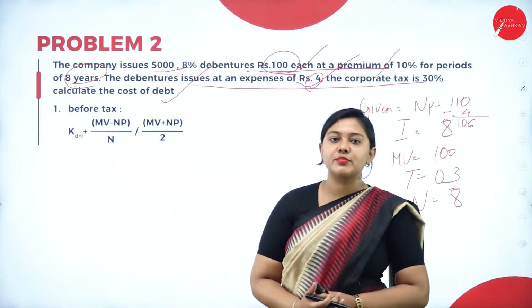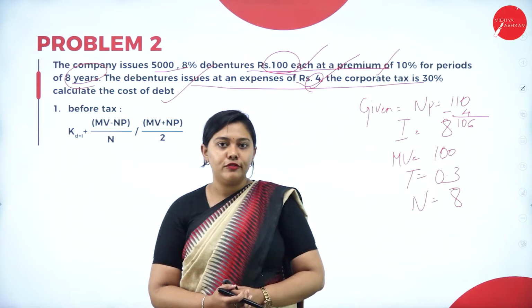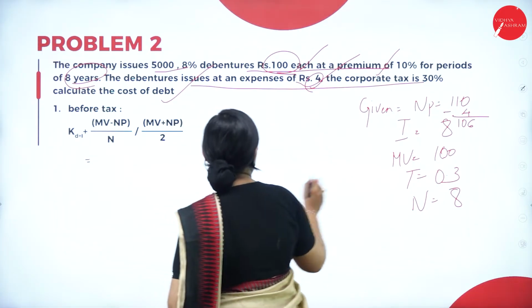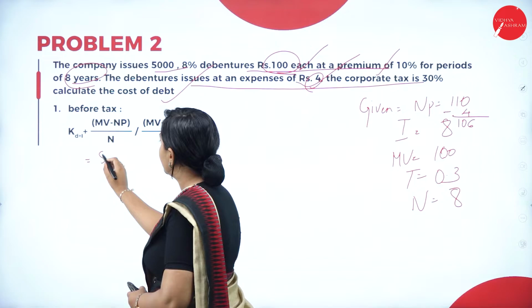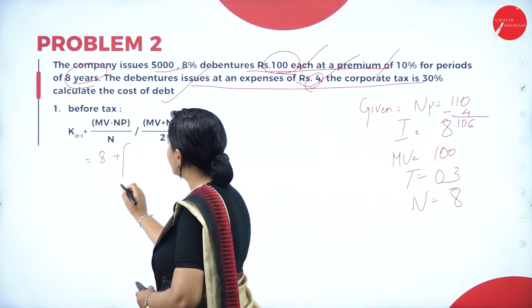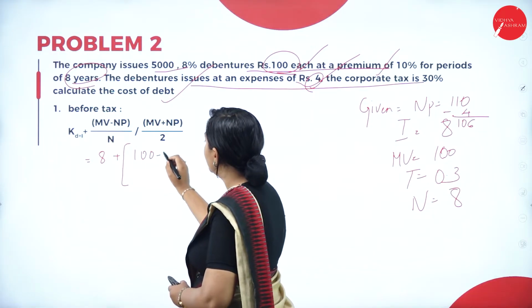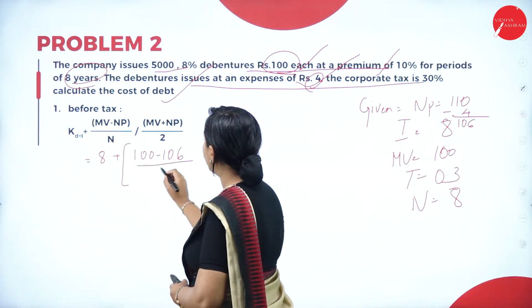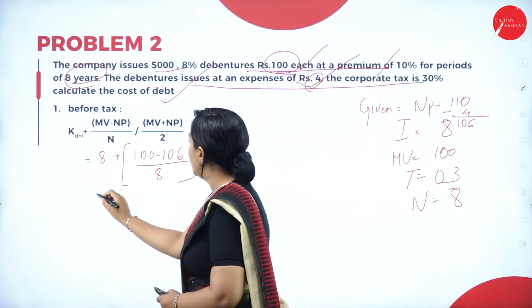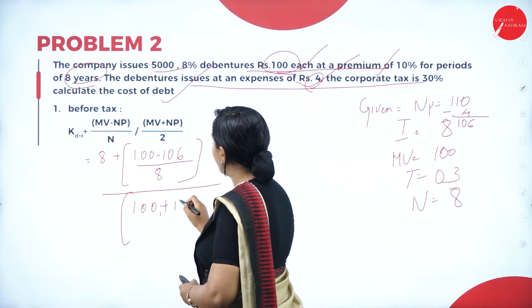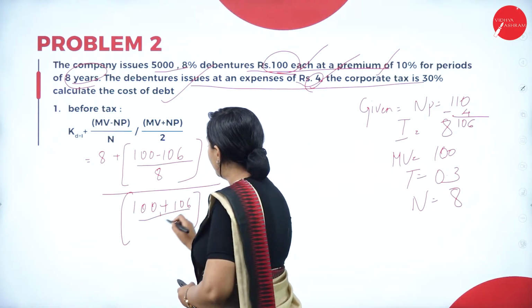Now let's substitute the given values into the formula and check out the answer. Interest is how much? Interest is 8 rupees plus maturity value, 100 rupees, minus 106 rupees, divided by number of years, 8 years, whole divided by 100 plus 106 divided by 2.